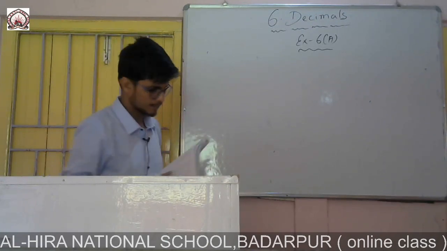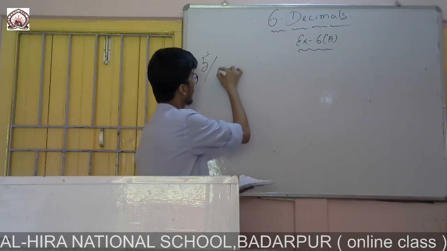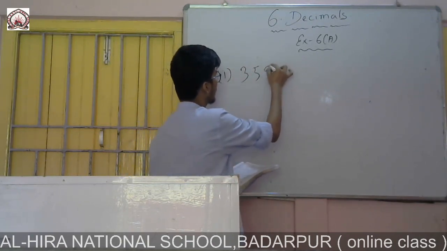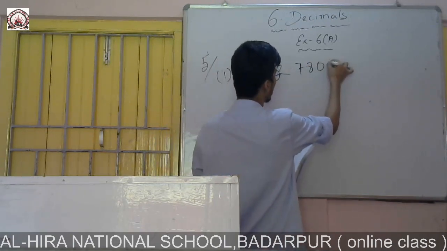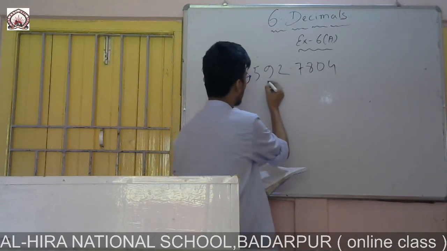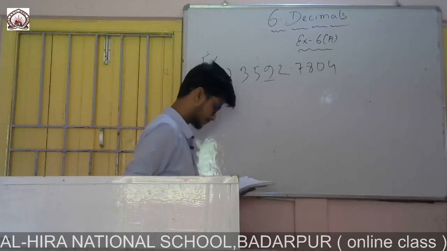Roman number 1, 3592.7804. So I have to take out the place value of this underlined number, which is 9.